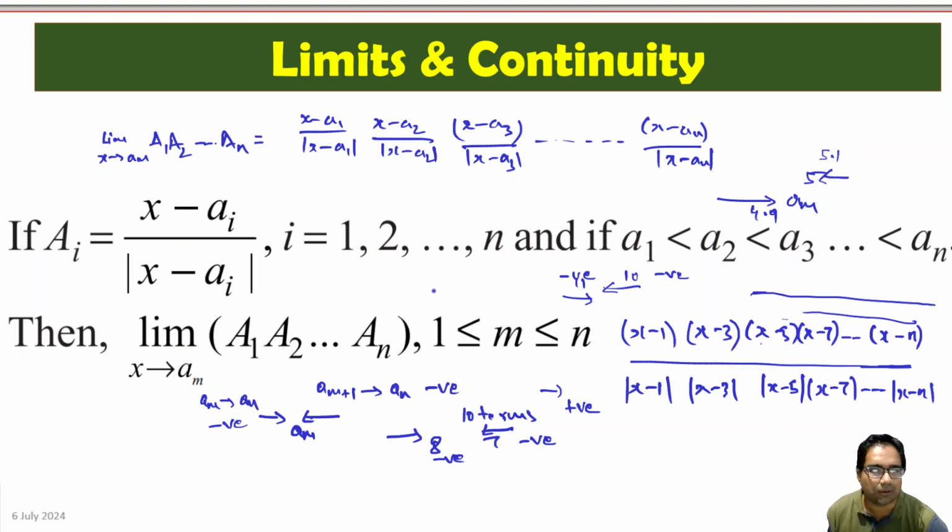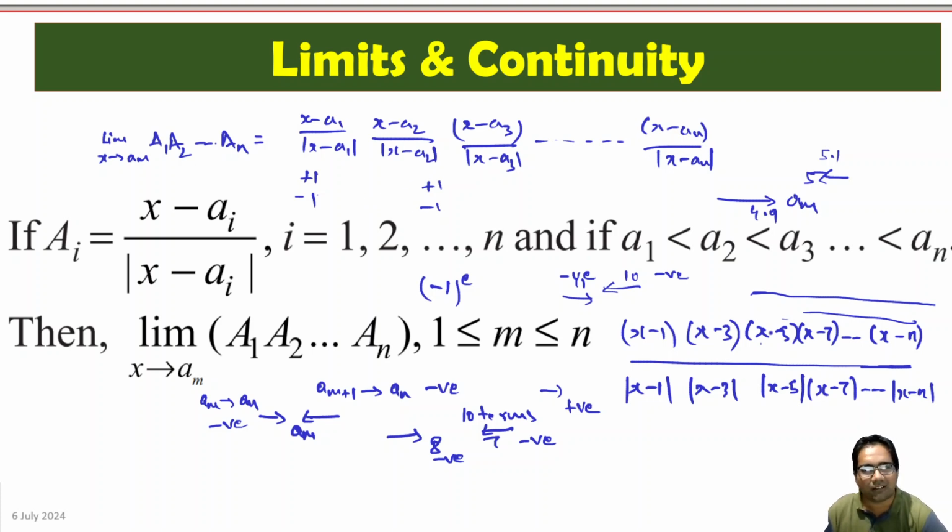minus 1 whole power some even number, and on the other side an odd number. All these fractions are either plus 1 or minus 1, so the entire product will be either plus 1 or minus 1.